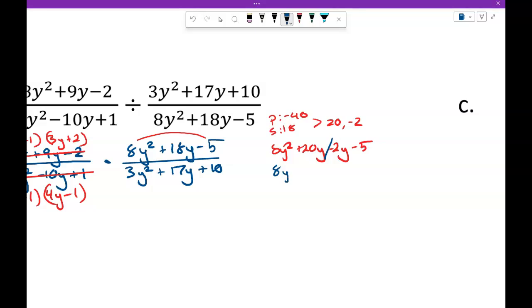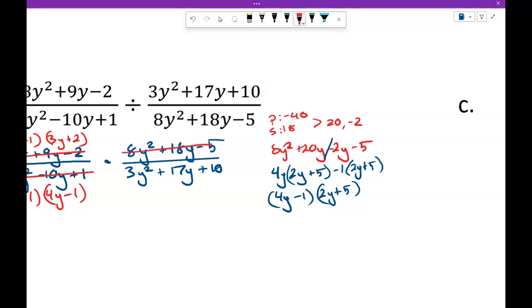So we end with a factor out of 4 and a negative 1. So our factors are 4y minus 1 and 2y plus 5. And often as we do this, you'll find that some of the factors start repeating from earlier polynomials.